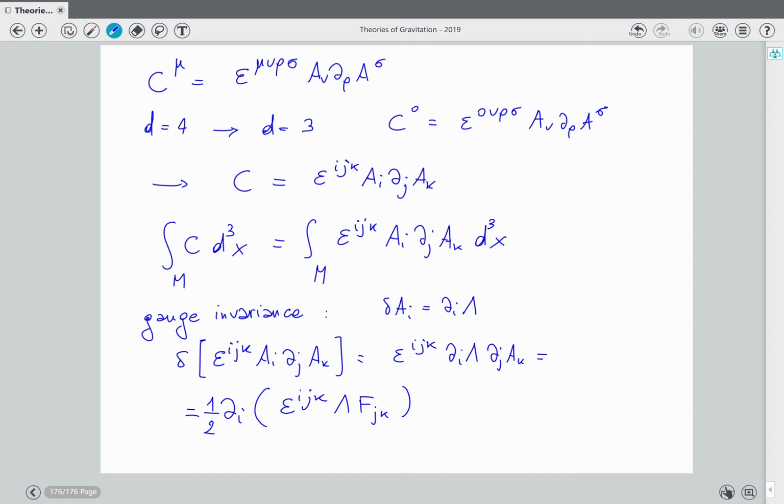So the variation is really exact, because it's the total derivative of something that is gauge invariant. So it's defined throughout the manifold, so this is non-zero, but the variation of the integral of that now will be 0. That's why you can consider this as an action, because as an action, it is really invariant.